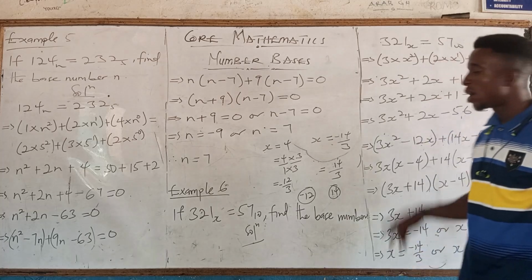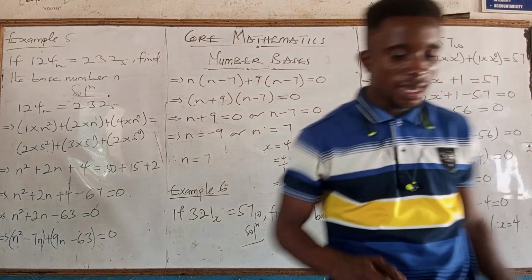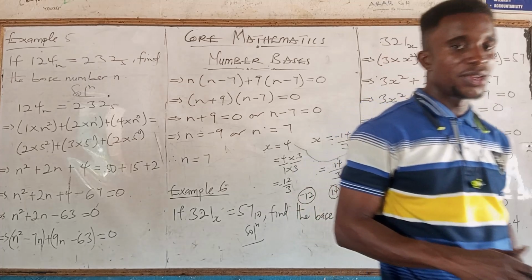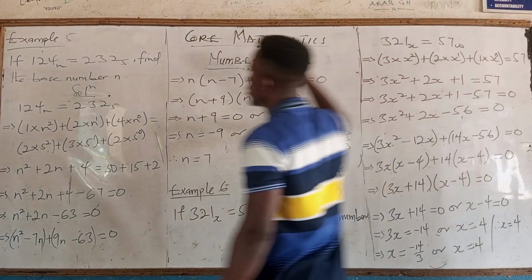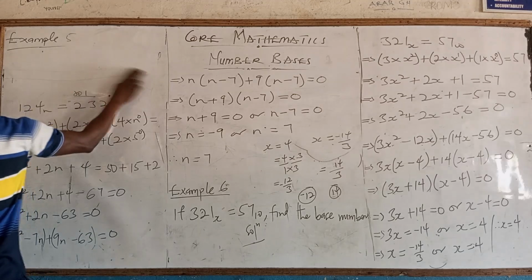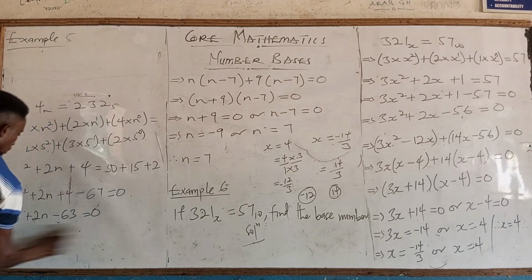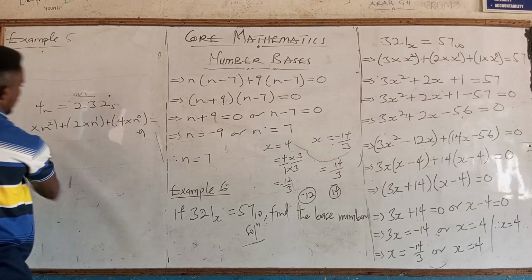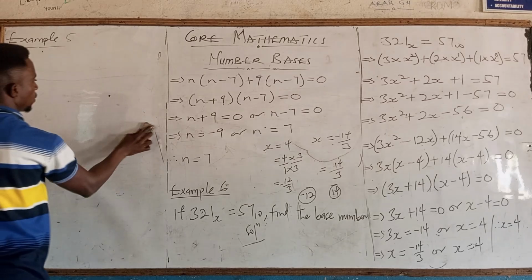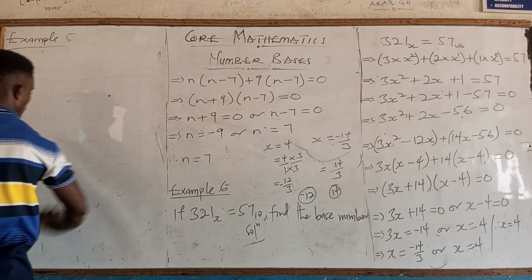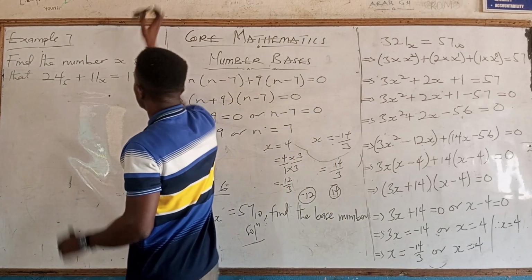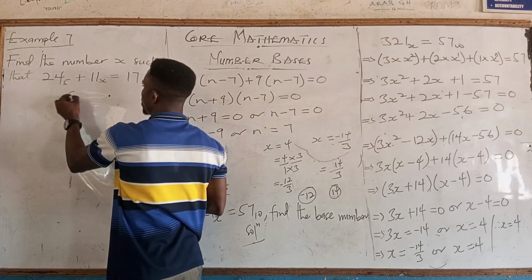Okay. So now we take the next example. That is example number 7, and you are going to do that one for me. Are we getting that? I put my solution.